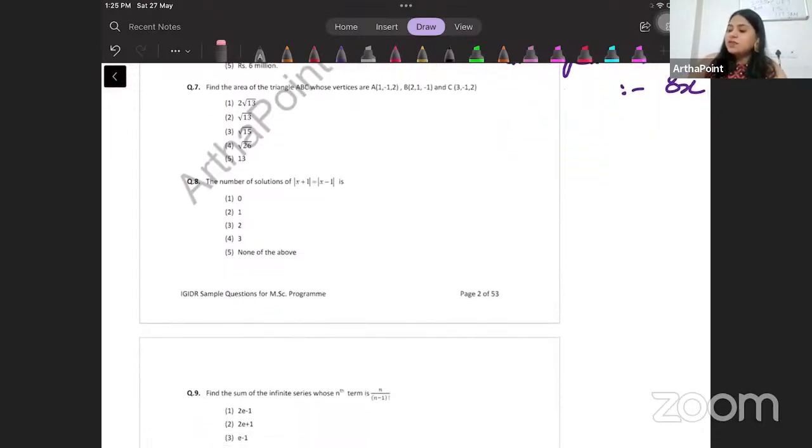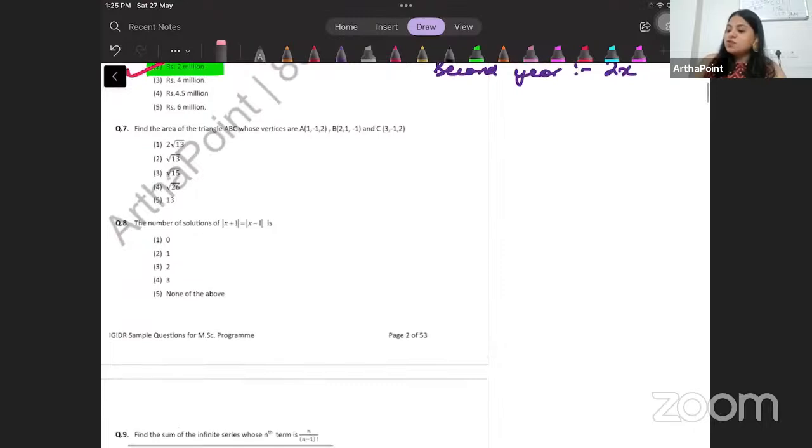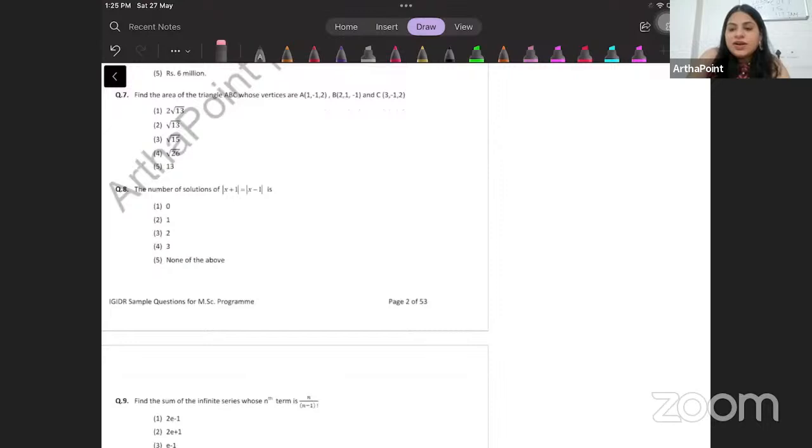Question number 7. Find the area of triangle ABC whose vertices are given to you. The thing you have to understand here is that this is a 3-dimensional figure that I'm drawing, right? Do you see that each of them has 3 coordinates? So you can use the formula from coordinate geometry.